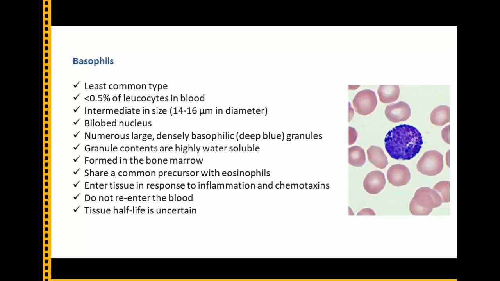Among the 3 granulocytes, this is the very ugly one. You can't actually see the nucleus, as it is full of darkly staining granules. It is the least common type, less than 0.5%.